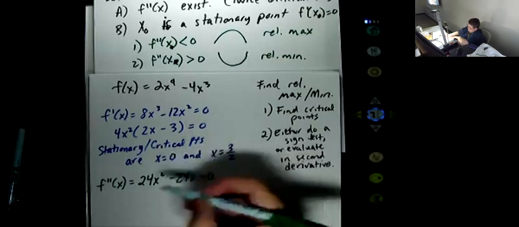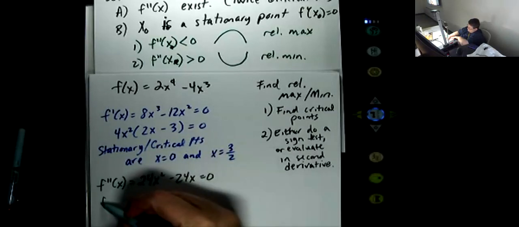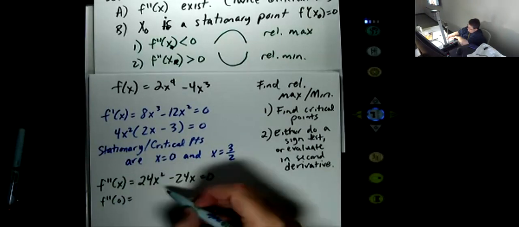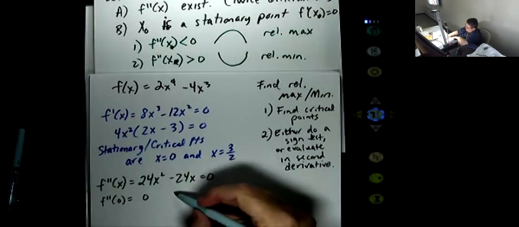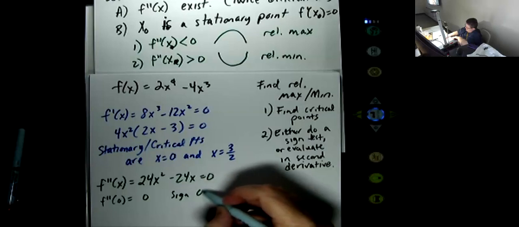If I stick in 0, I get 0, right? So this isn't positive or negative. We'll have to take a look at the sign chart to see what's going on here.